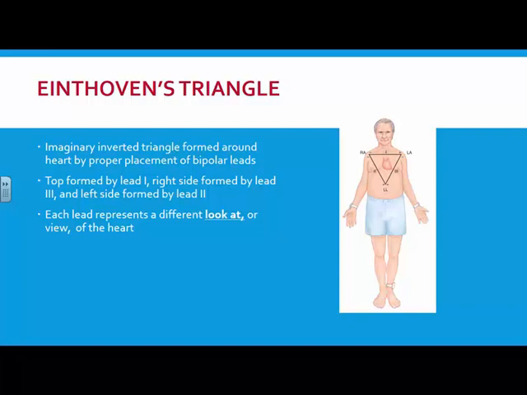If I'm getting a picture from here to here of the electrical current, what structures are along that way? SA node, AV node, bundle of His, right? So the septum, the interventricular septum, and my normal electrical pathway. What lead do we look at for our monitoring lead? Lead 2. Does that make sense?